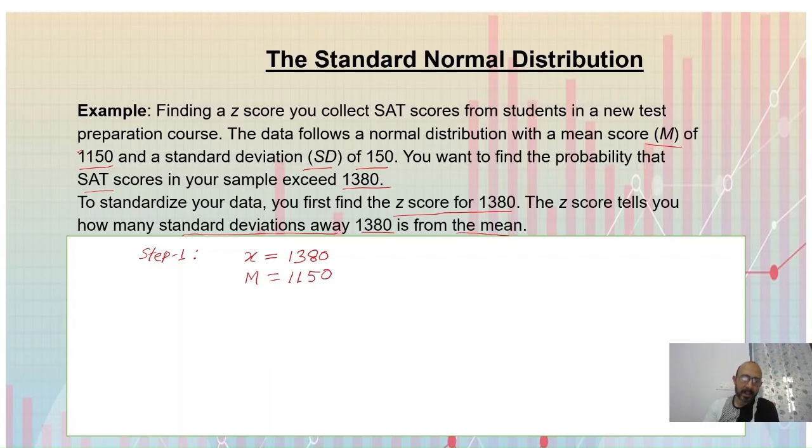You can see this is our mean score. x minus M equals 1380 minus 1150, that is 230.